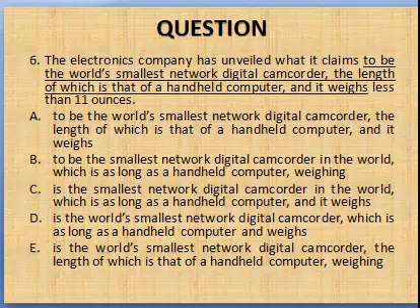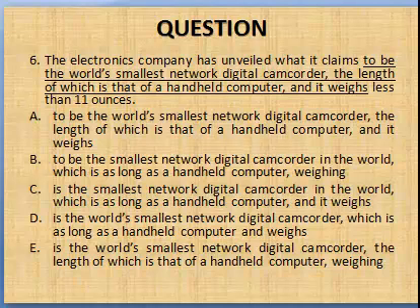Then what it claims is the smallest digital cam recorder in the world, which is as long as, and no, we cannot change the meaning, and which is again placed in the right way. This is the world's smallest, which is as long as a computer, and which looks fine at first look.